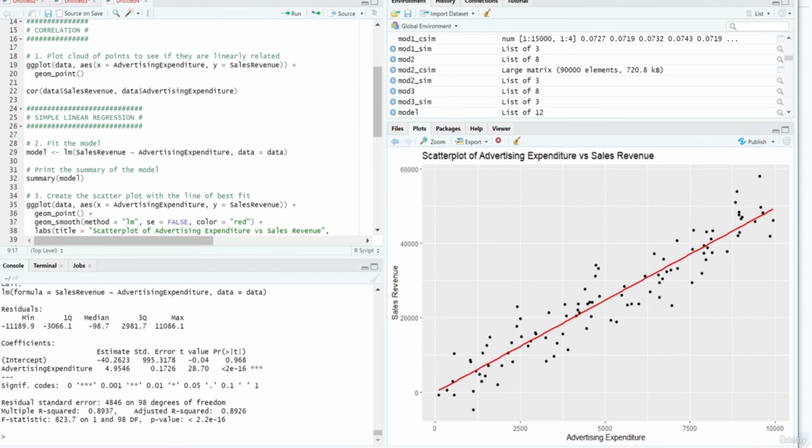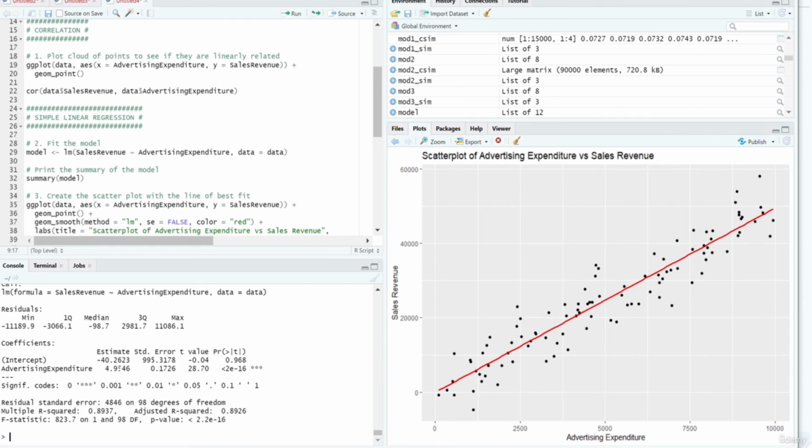It's learning this coefficient 4.95, and then conducting a one-sample t-test on it, to see if 4.95 is different enough from 0, which means no effect, to be able to reject the null hypothesis, which is that it has no effect on the dependent variable.